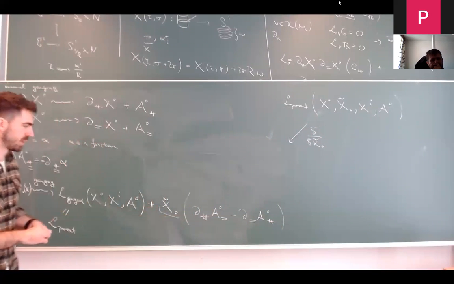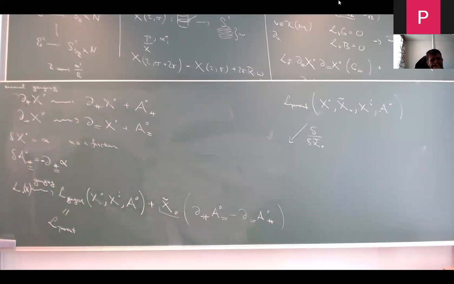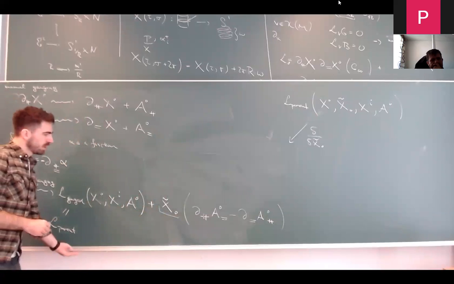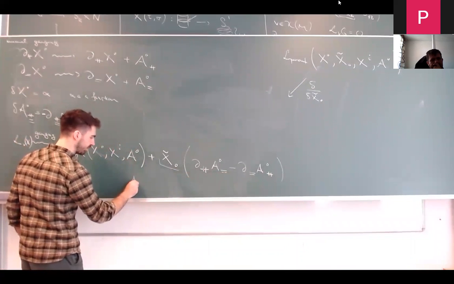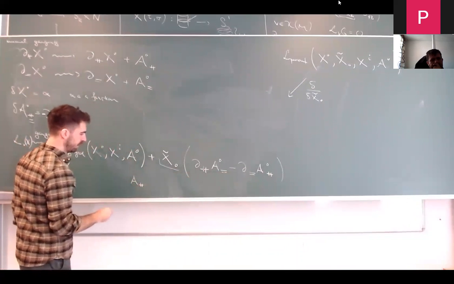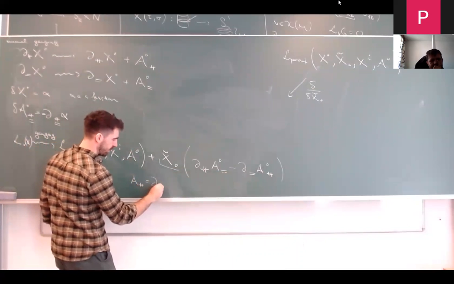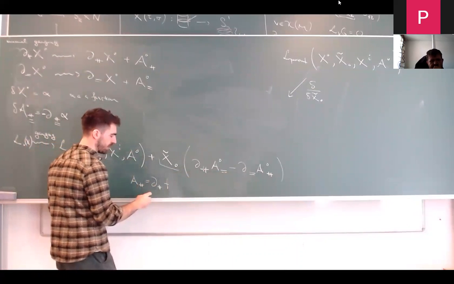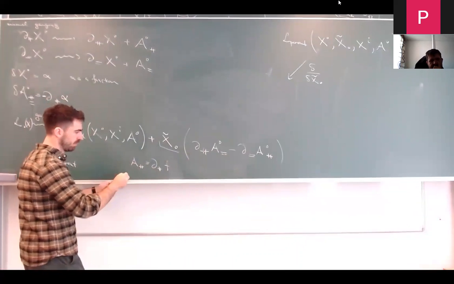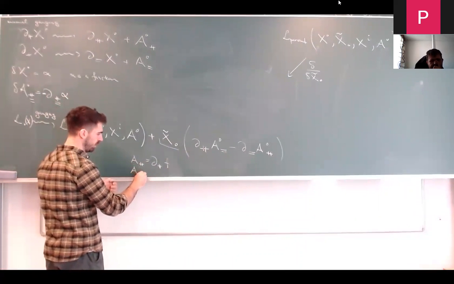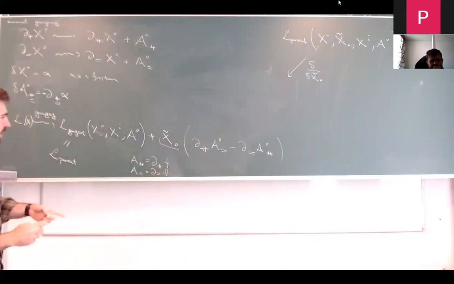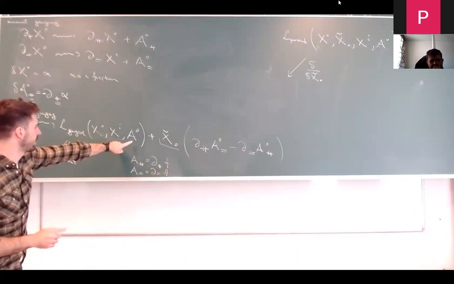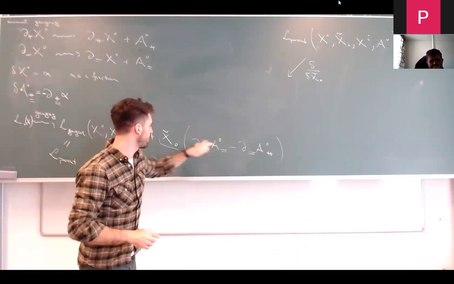That's how I introduced it in the first place. And so locally, if this is flat, I can write this as a d of some function, and I can feed that into this Lagrangian.